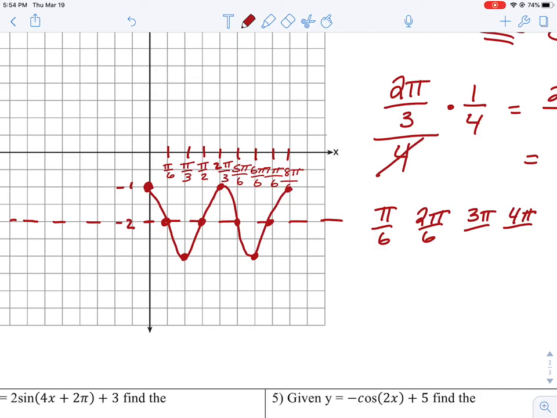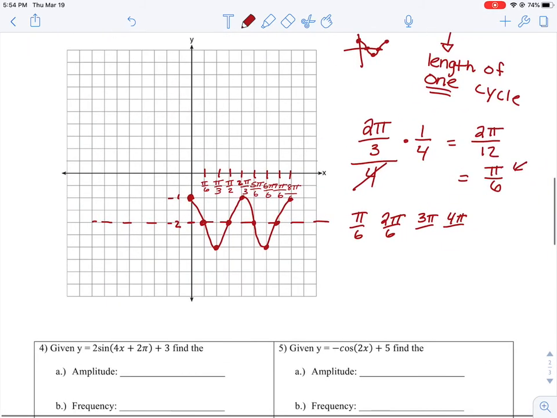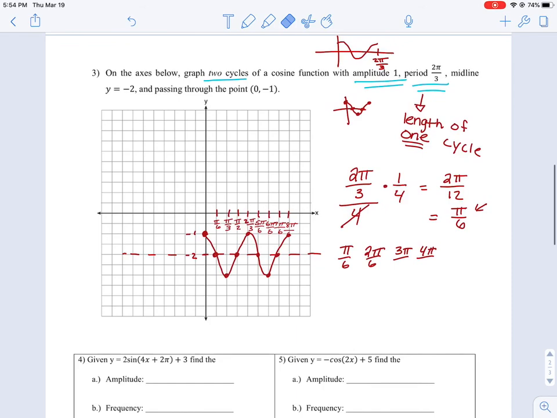So I 100% could have my 2 cycles on that side. Again, multiple ways that you could do this. If you had 2 cycles on this side, that's perfectly fine. Whatever you feel comfortable with, as long as you met all of these things: 2 cycles, amplitude of 1, period of 2 pi over 3, and y equals -2, and passing through that point.